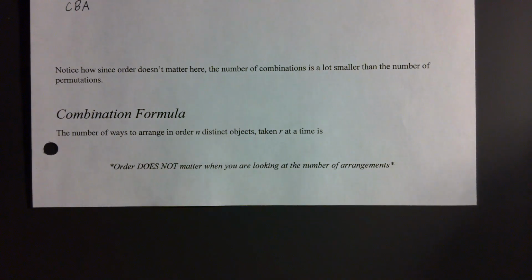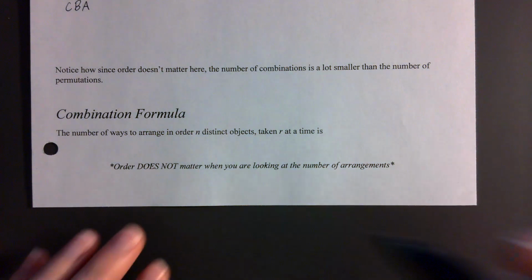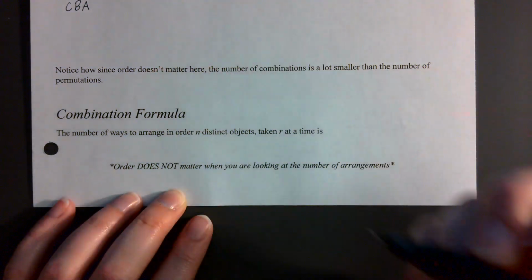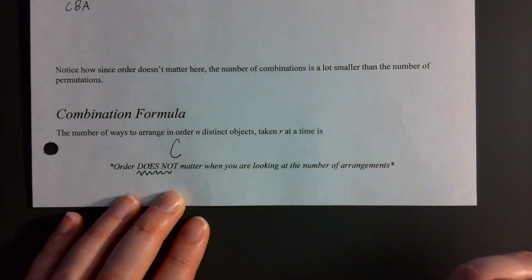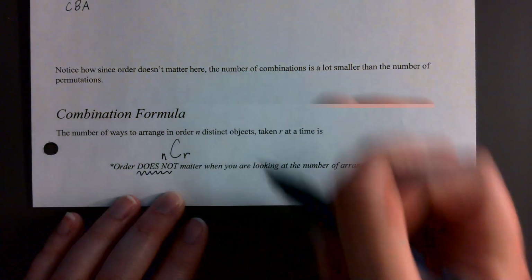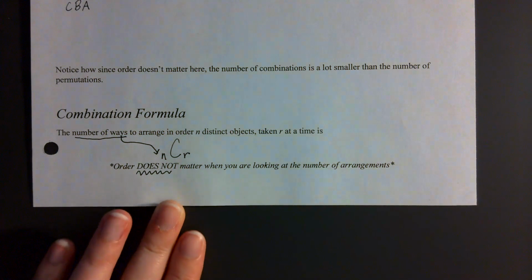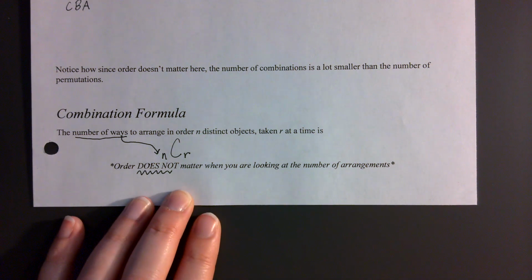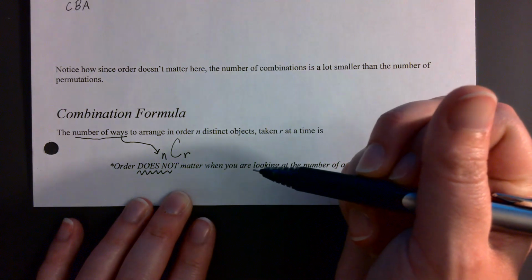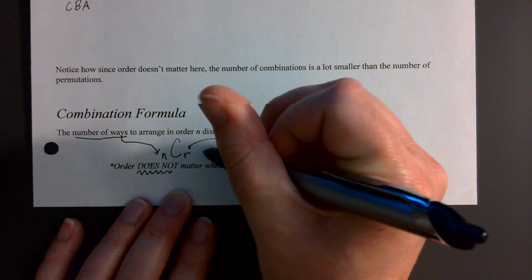So looking at the formula, we have the number of ways to arrange n distinct objects taken R at a time. Now, because order doesn't matter, we have our combination of n choose R. And remember, this is the number of ways, where n is the number of objects, just like before, and R is the specific number of positions, or choosing a certain amount.